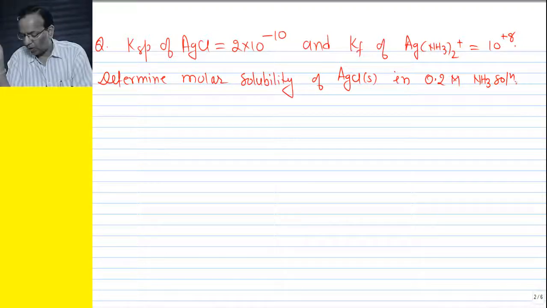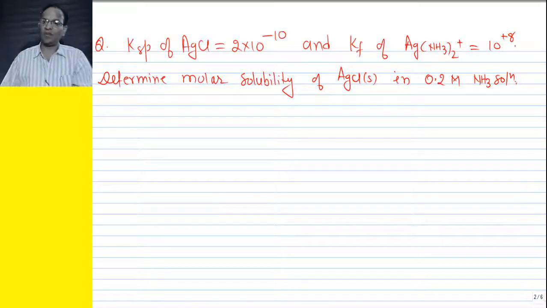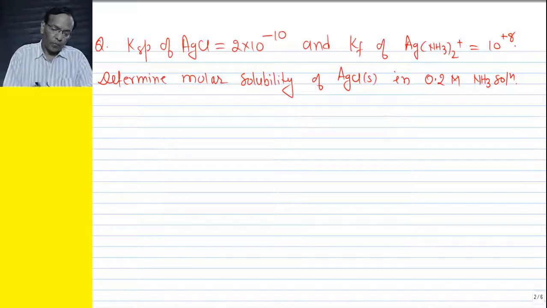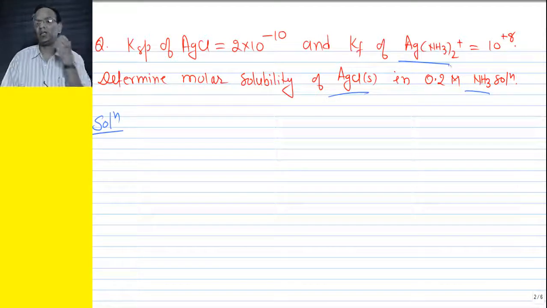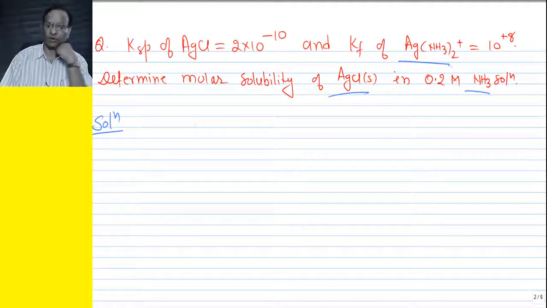This is a straightforward problem based on the expression we derived just now. So we can say that the solid AgCl will dissolve in ammonia by forming the complex Ag(NH3)2 plus.